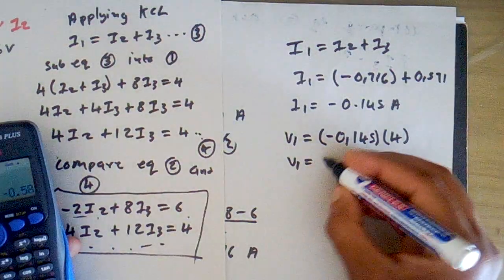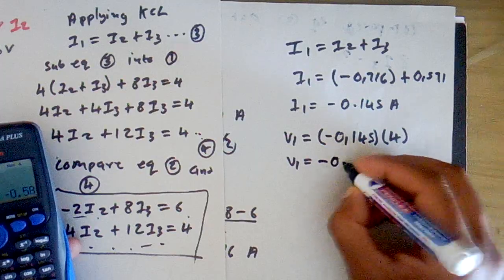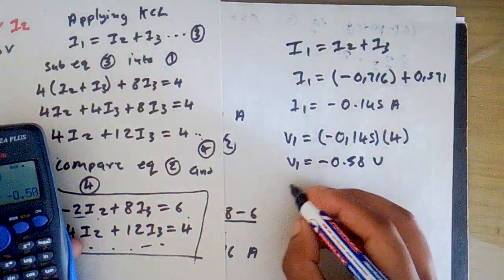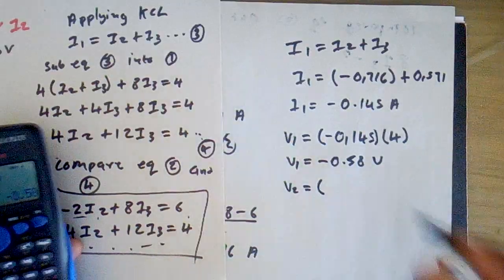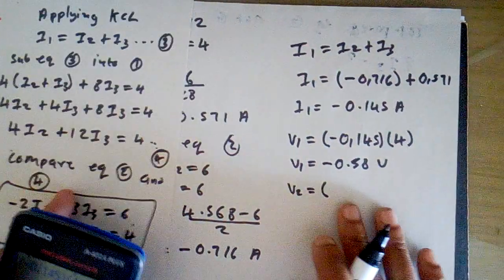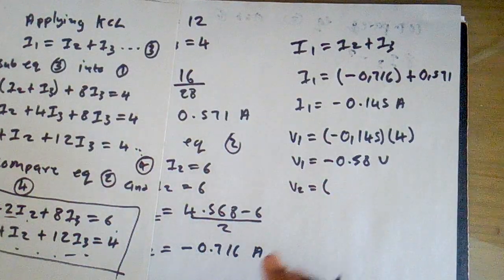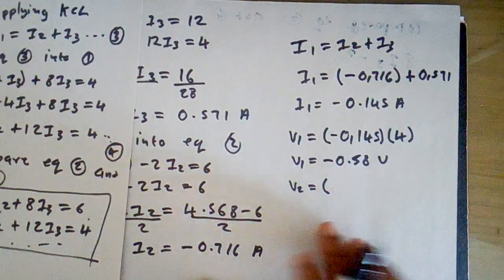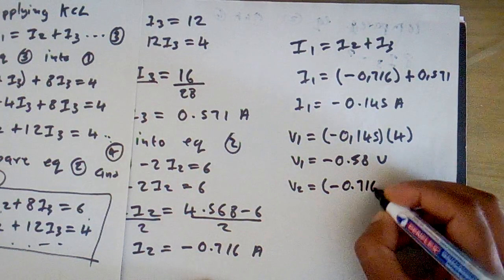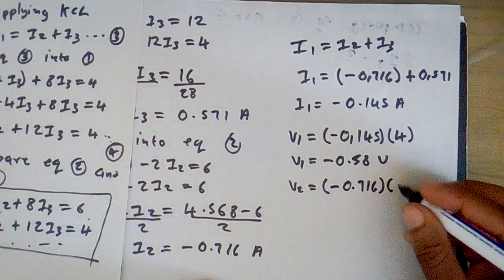Then V2 is going to use our I2, which is negative 0.716, and our resistor is 2 ohms. I'm going to leave that to you to find the answer.